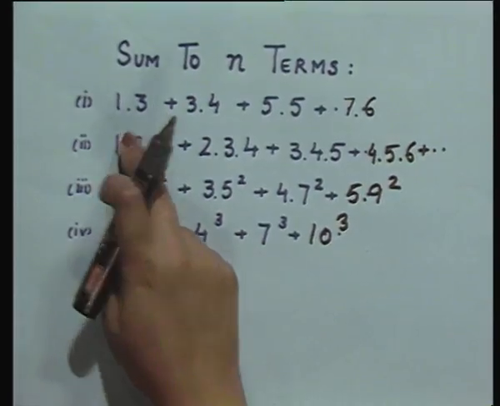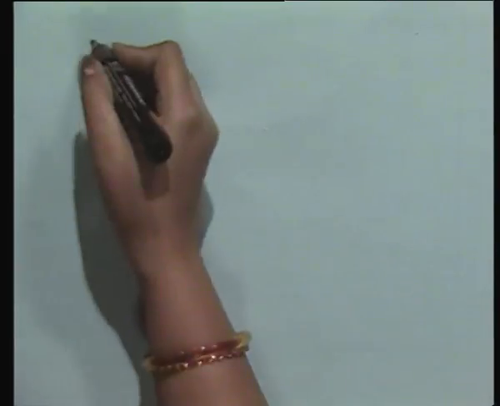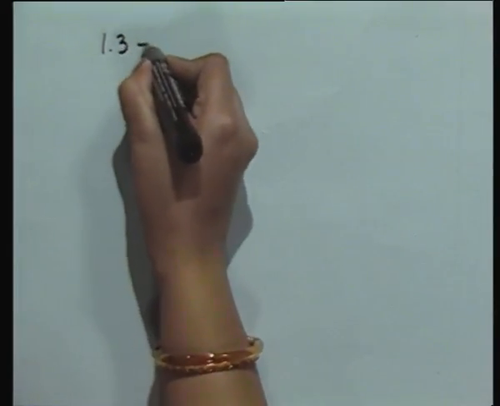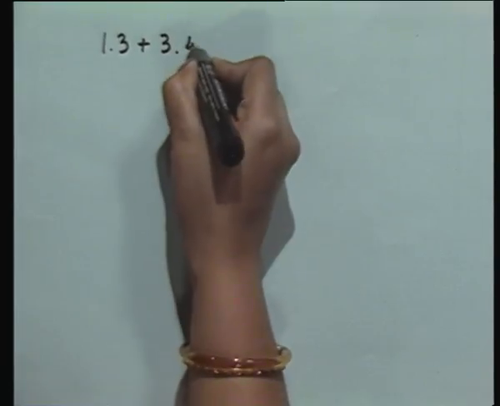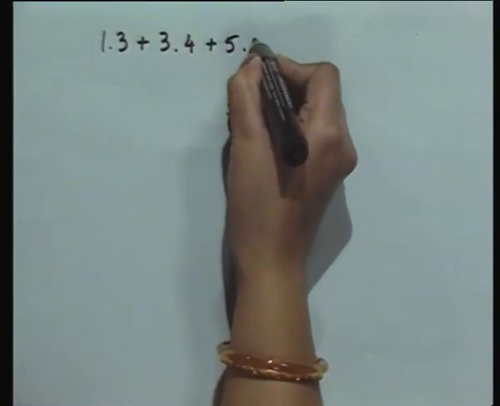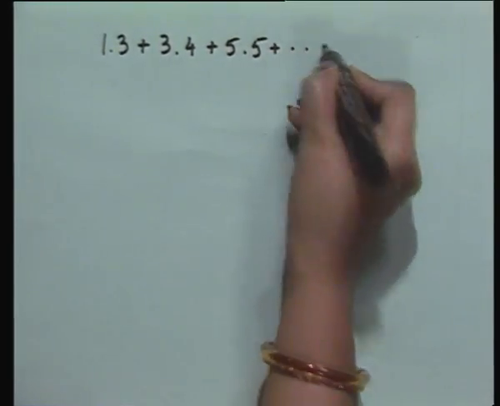And now, since you have been able to identify the next term by understanding the pattern, let's see if we can use your observation and find the nth term of these series. Let's start with the first one. Yes, we have the series as 1 into 3 plus 3 into 4 plus 5 into 5 and so on.